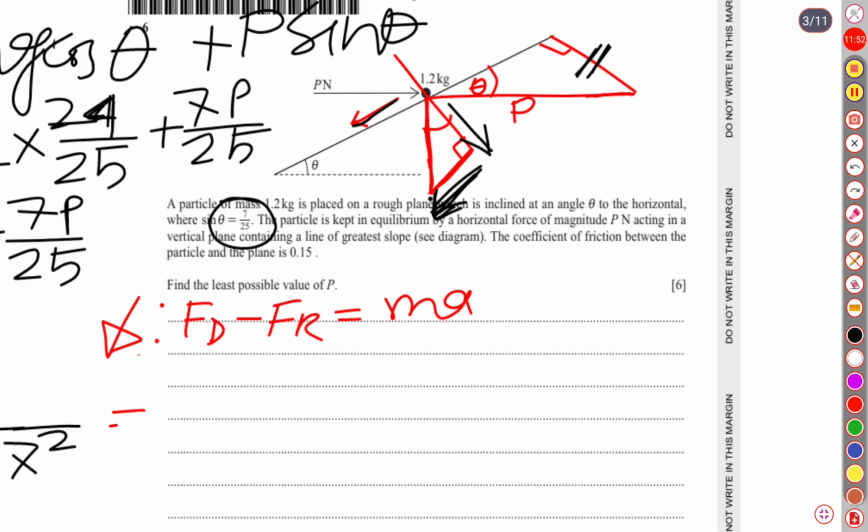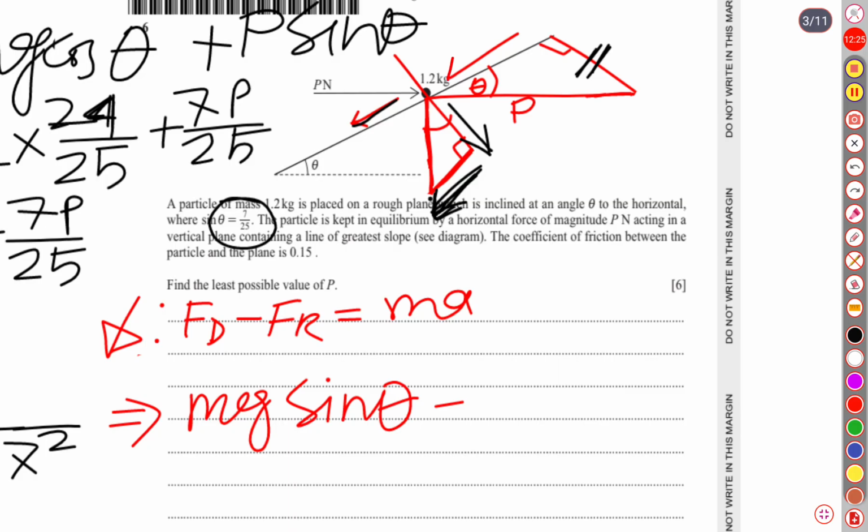So our driving force is nothing but weight. Weight is mg sin theta, minus, as we have already explained, all the forces including the external force are the resistance force to the motion. So the first resistance force is P. P is trying to stop the particle from sliding down. Now the direction is this one.